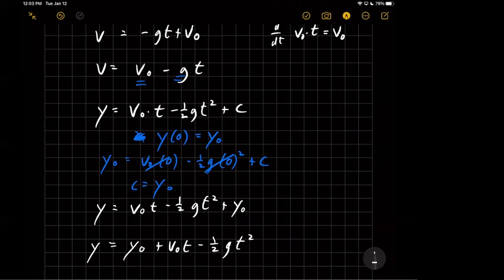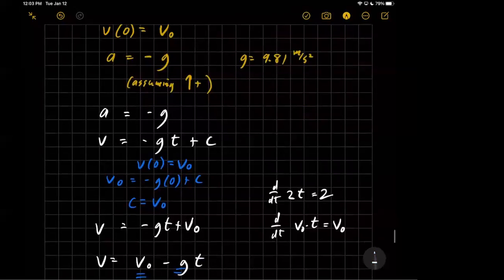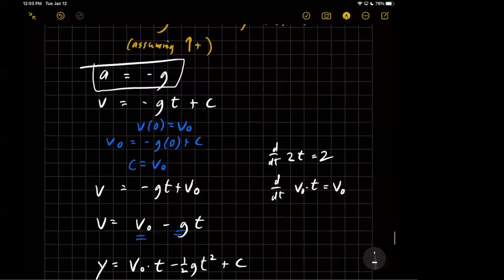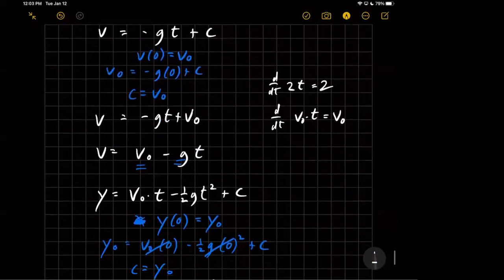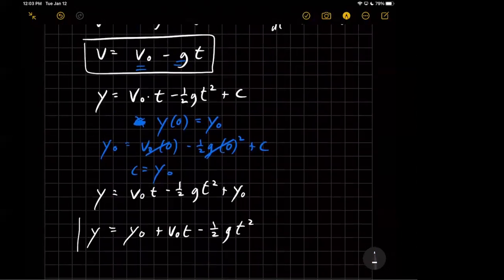Because the vertical acceleration is always constant in physics, we go right to these formulas. If we assume that a is equal to negative g, since it happens all of the time, you go right to the formula v equals v naught minus gt, and y equals y naught plus v naught t minus 1/2 gt squared.